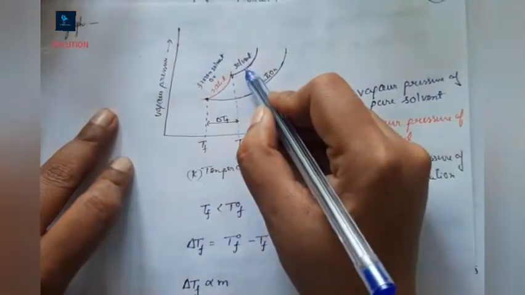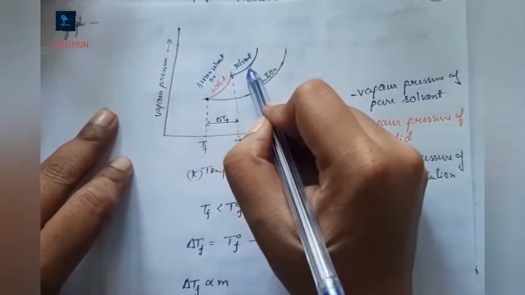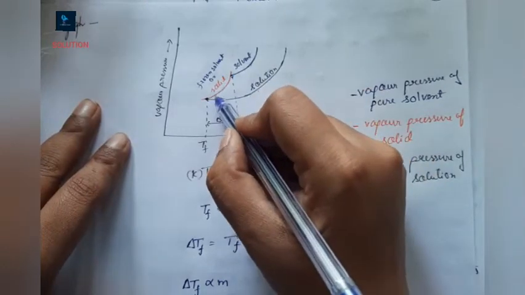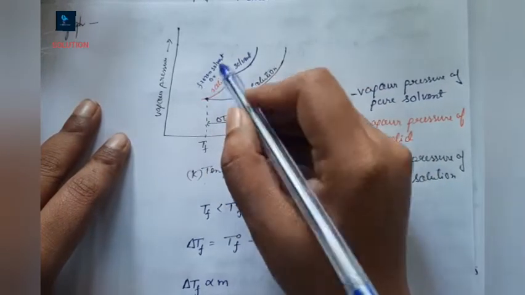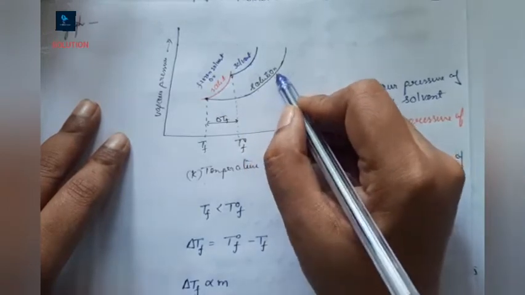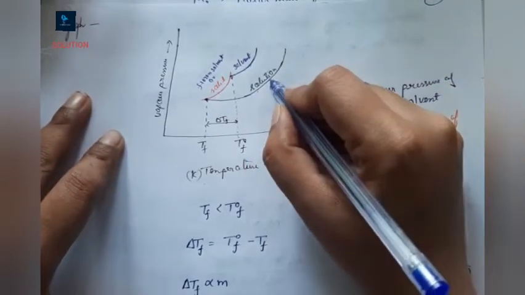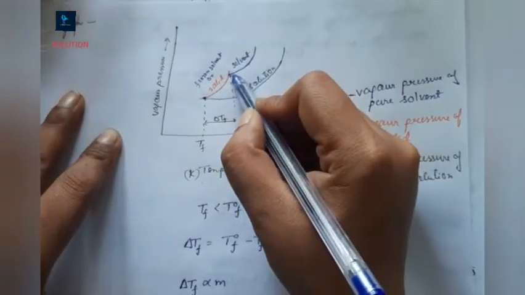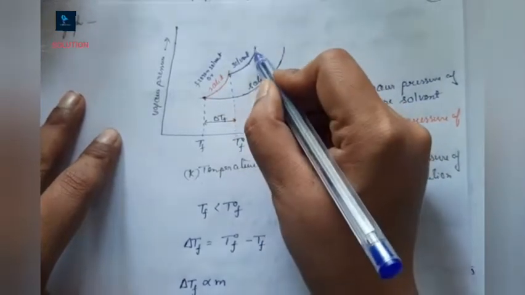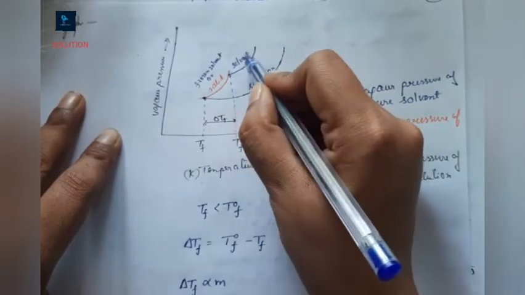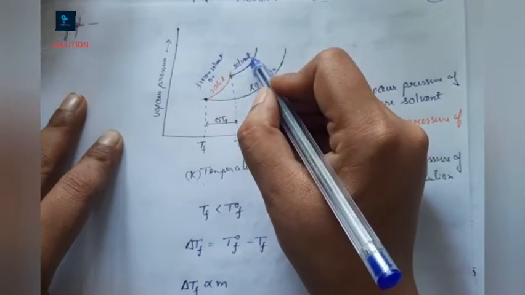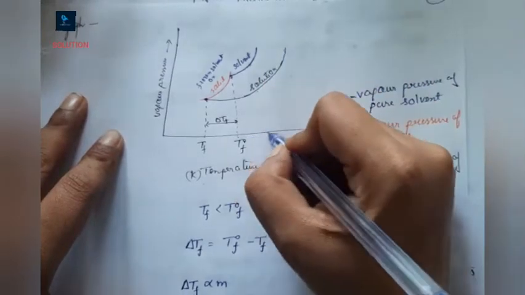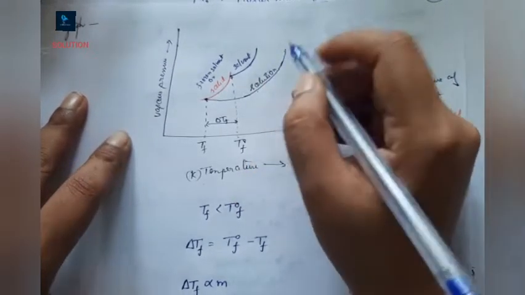Here is the vapor pressure curve for the pure liquid, or you can say pure solvent, and this is the vapor pressure of the solid or frozen solvent, and this is the vapor pressure of the solution. For the pure form, we get a curve like this. After adding a non-volatile solute, the vapor pressure decreases.